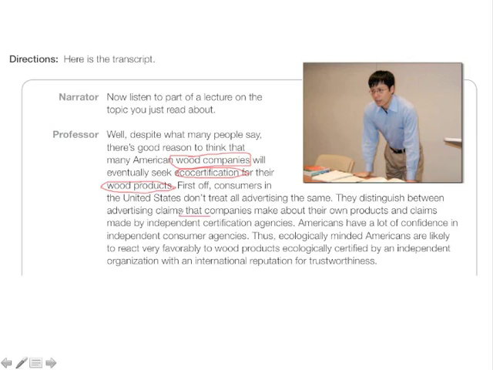We did talk about that the professor is introducing the concept of these independent certification agencies, and we mentioned earlier that he repeats them in various ways. Independent organization, for example, or independent consumer agency. We probably need to make sure we try to use these words in our response.